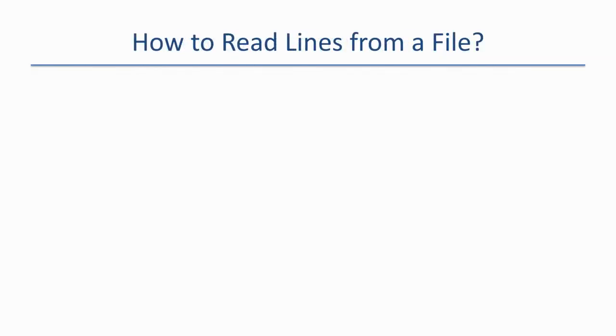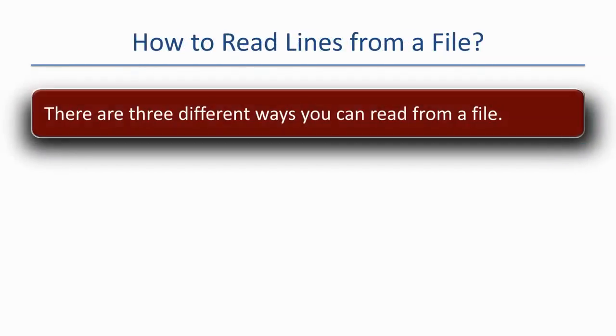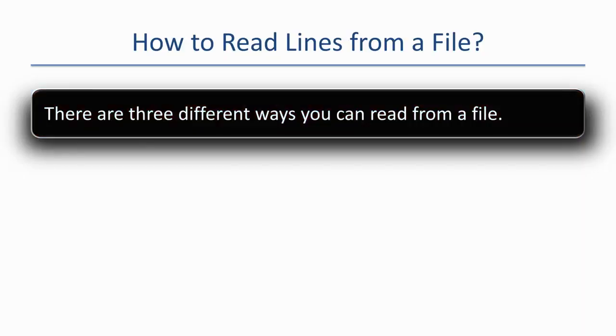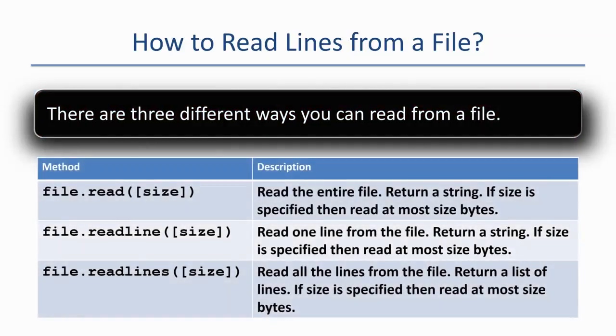There are other methods to read from a file. For example, you can read one line at a time, or you can read all the lines in a file. There are three different ways you can read from a file. You have seen the first method, which is a simple read, which reads the entire file. The second method is to use a function called readline.